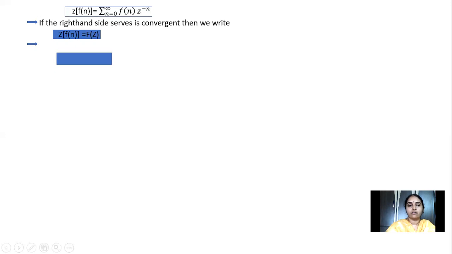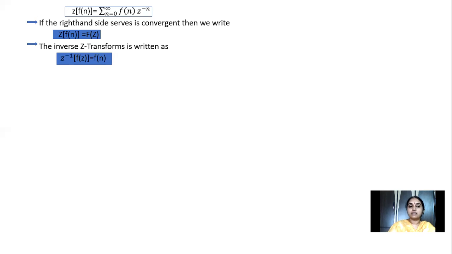In Laplace we used integration with respect to t. Whatever function is given, you substitute in this sigma. If the right side of the series is convergent, then we write Z of f of n equal to F of z. After applying the sigma, expanding it and substituting n, you will get a series only in terms of z. That is called a function of z. The inverse Z transform is written as Z inverse of F of z equal to f of n.